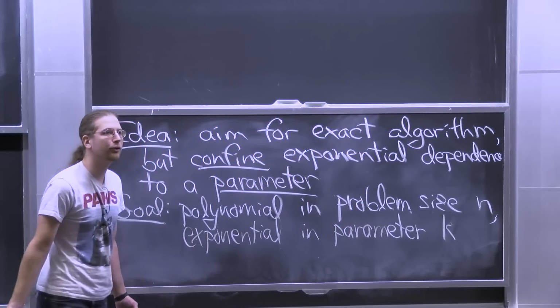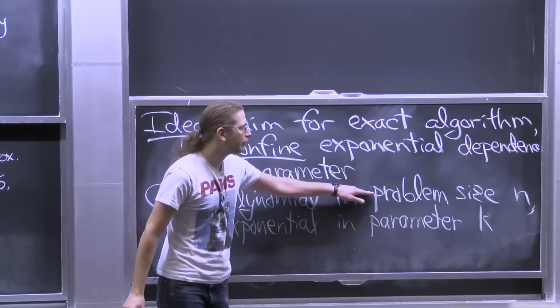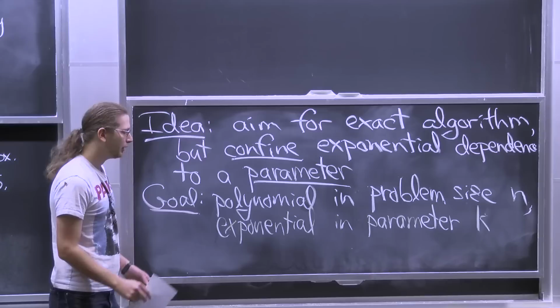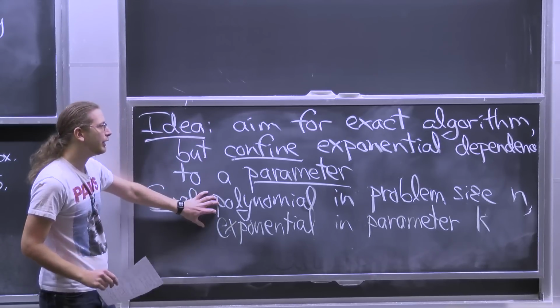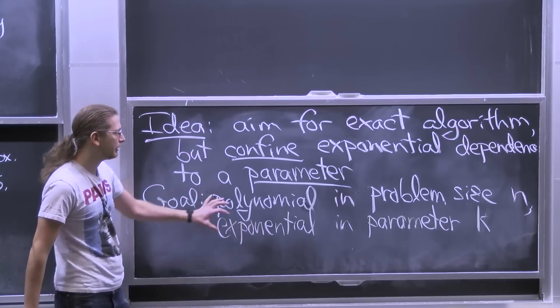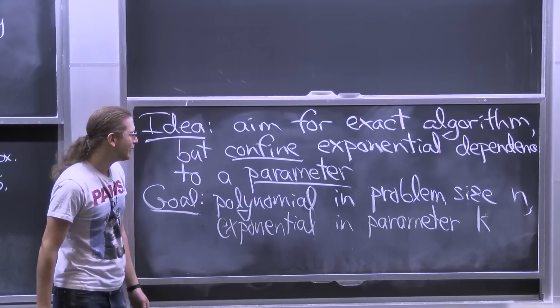In general, you could consider more parameters, but we're just going to think of two: the overall size of the problem, and some particular parameter that we look at called k. So if you can achieve this, which we'll call fixed parameter tractability, I'll define it formally in a little bit because there's more than one way you might think of defining it. Some are right, some are wrong.